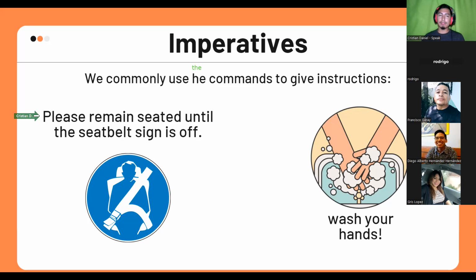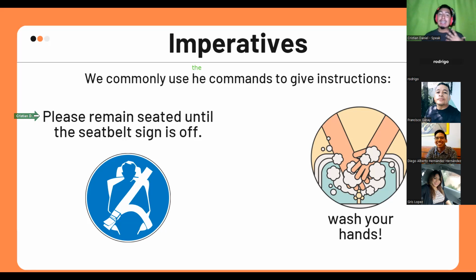Well, when you go on an airplane, it's commonly the lady who stands in front of the people, and she said, "Please remain seated until the seatbelt sign is off." Okay, that was a great role play. Thank you, Francisco. And that was a great answer.